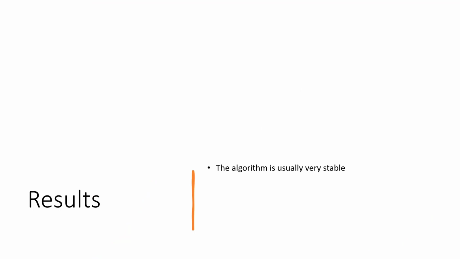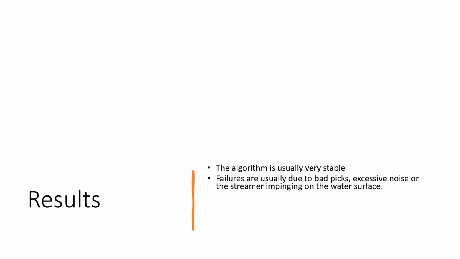So let's have a look at the results from that first step. The algorithm is actually usually very stable, and failures are usually due to bad picks, excessive noise, or the streamer impinging on the water surface. And those things usually go together, excessive noise and bad picks, and usually are the result of the streamer getting close to the water surface.